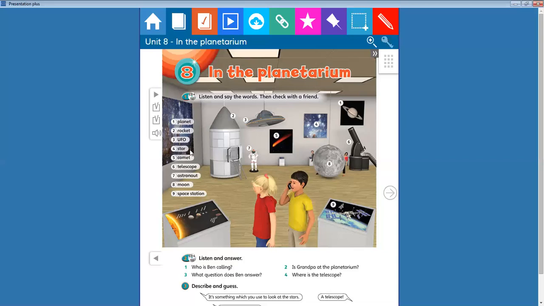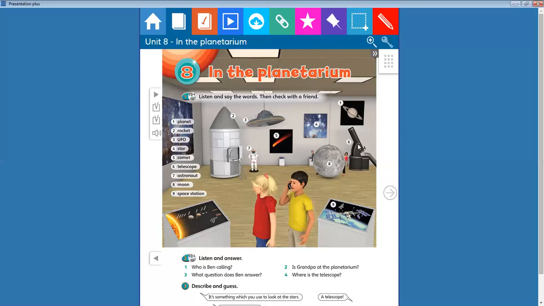Number 4, star. Space is full of stars. 5, comet. This is the comet. From time to time, we can see something like stars that are moving fast in the sky, so they are comets. Telescope.